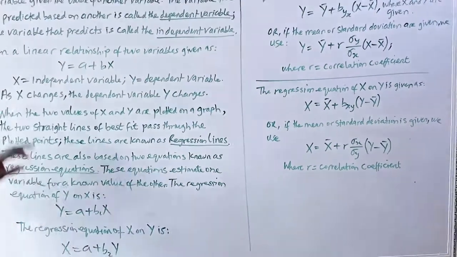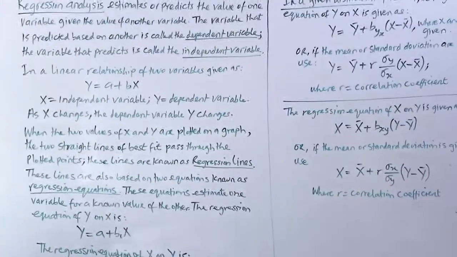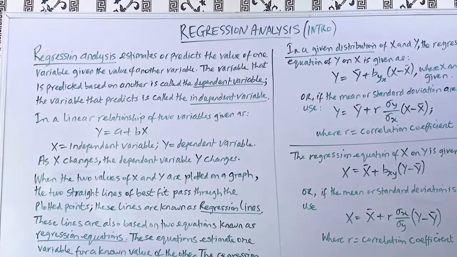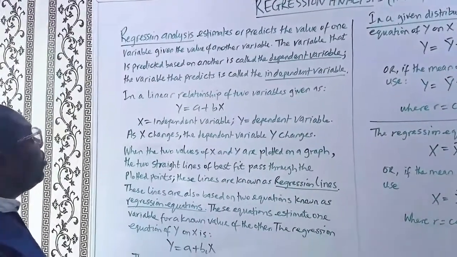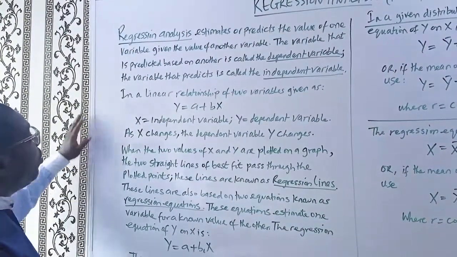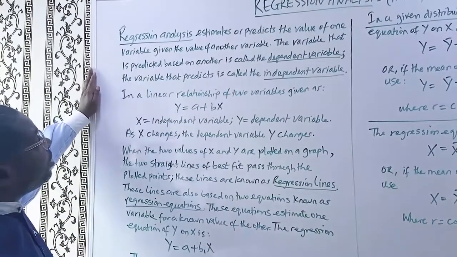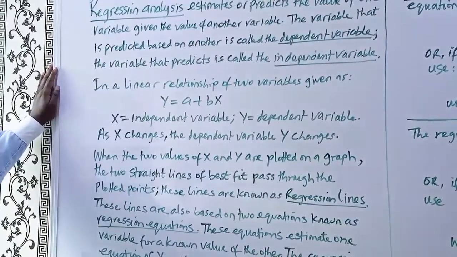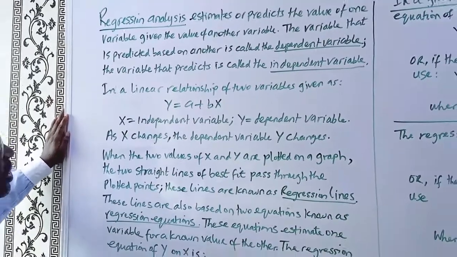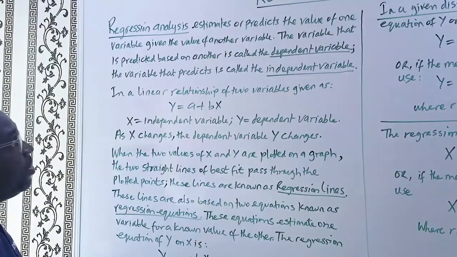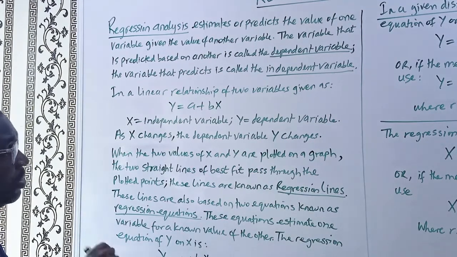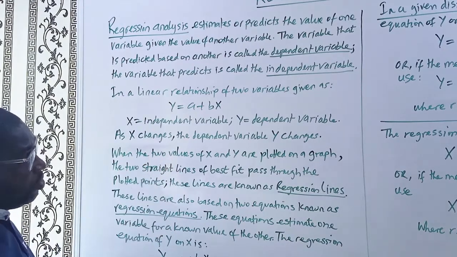Please, you can zoom closer so that our viewers can look at what we have. From a basic definition, as you can see on the board here, regression analysis estimates or predicts the value of one variable given the value of another variable. That's to say, you do not know what one variable is, but you're given another one.